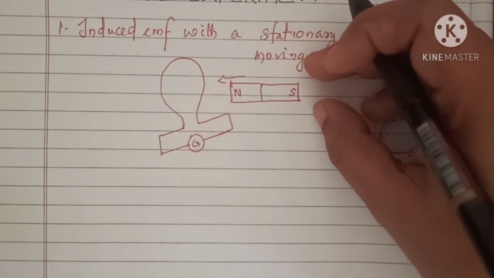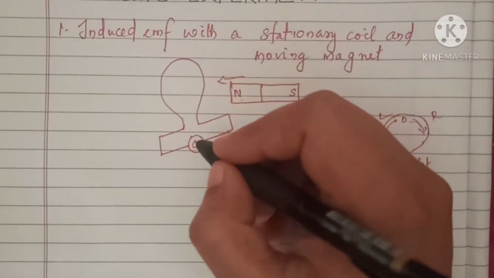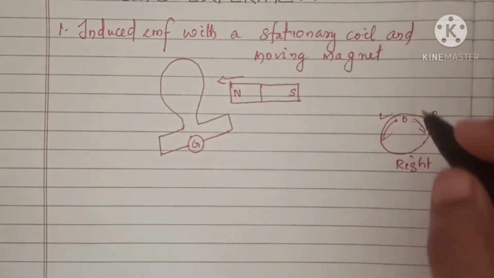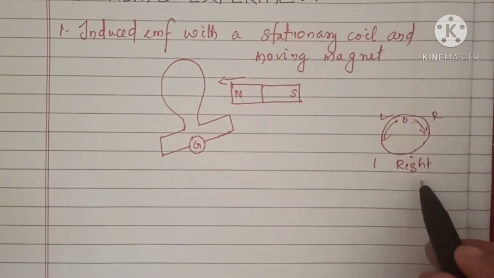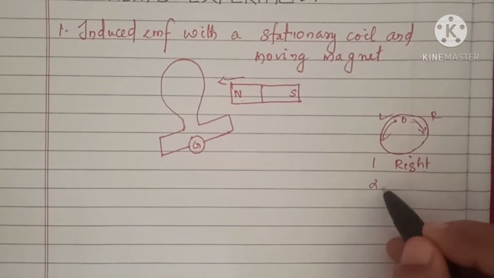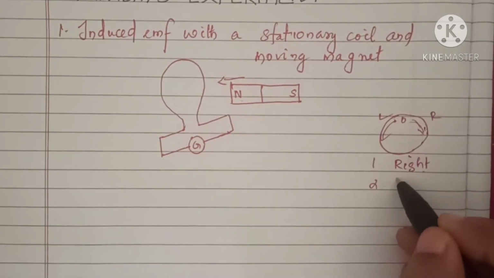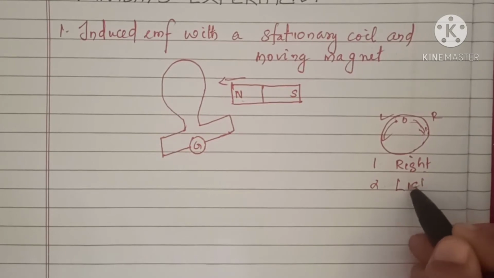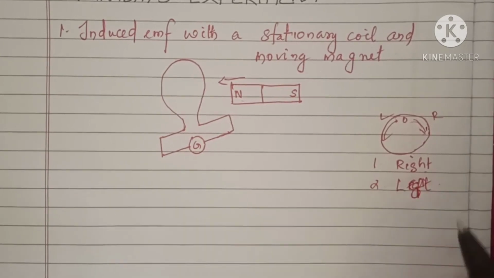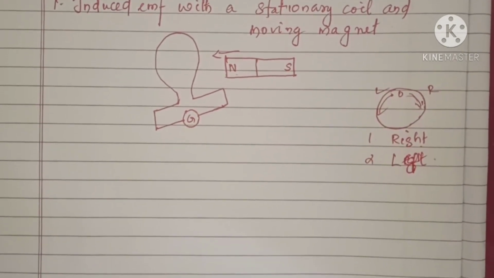At that time, the galvanometer shows a deflection in the opposite direction. That means firstly it was towards the right, then the second time when you moved the magnet away from the coil, it shows a deflection towards the left.